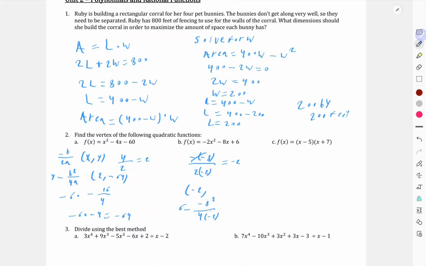Alright, we got to get this down straight. This is going to be positive, so it's going to be 6 minus 64 over 8.